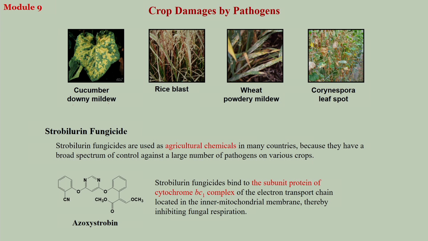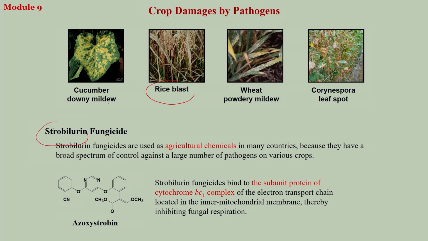You can see how it looks when the leaves are attacked by the pathogens. Rice blast is another pathogen that kills rice. Wheat powdery mildew also shows white spots on the leaves. Corynespora leaf spot is the same, the leaves are damaged and the crops are killed by the pathogens.